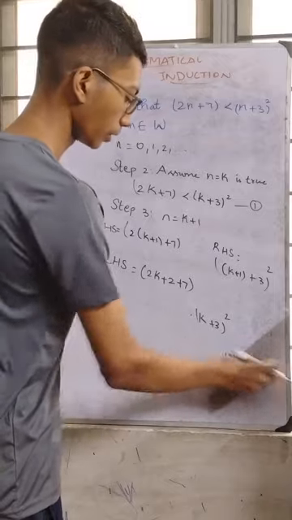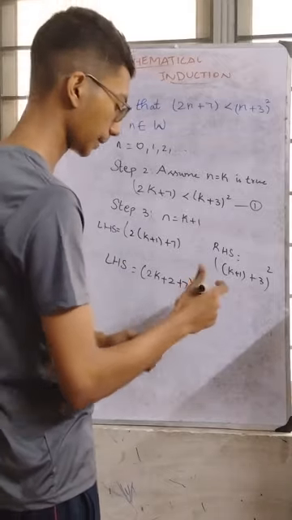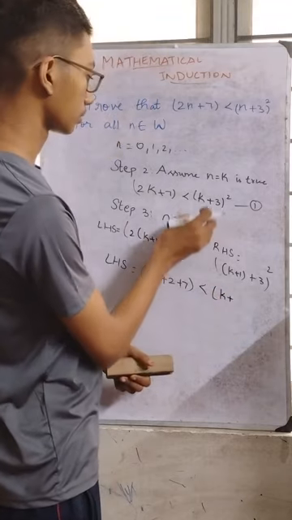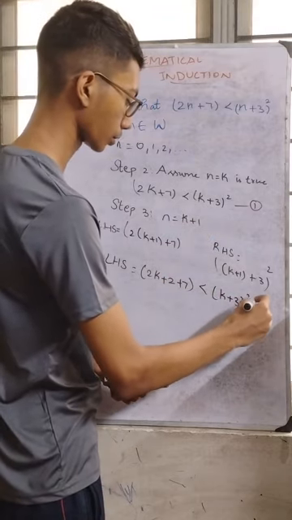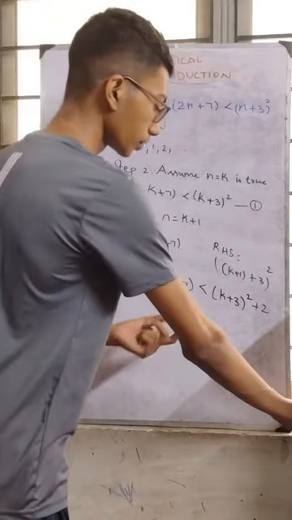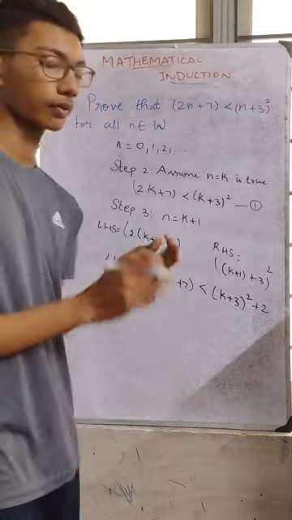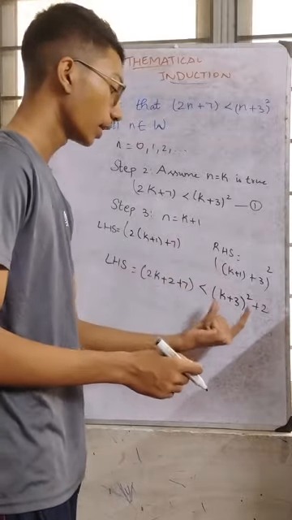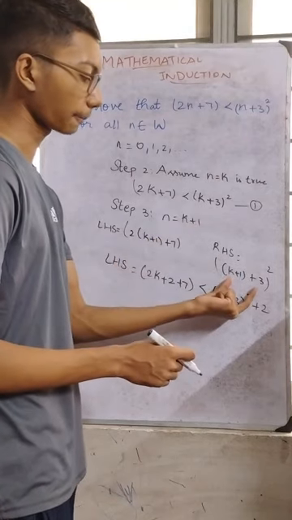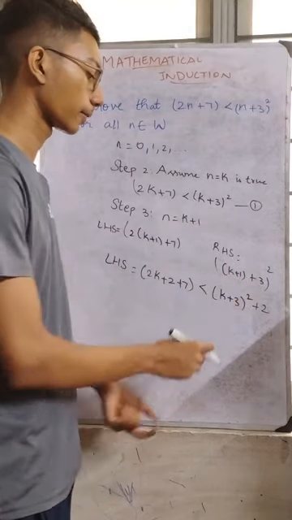So that is one of the steps, one thing we have found out. Now what we need to do is prove this expression is less than (k plus 1 plus 3) the whole square.